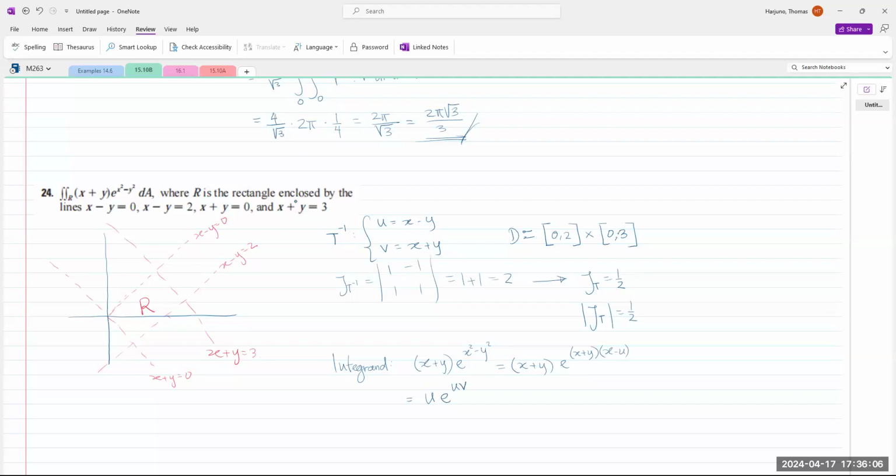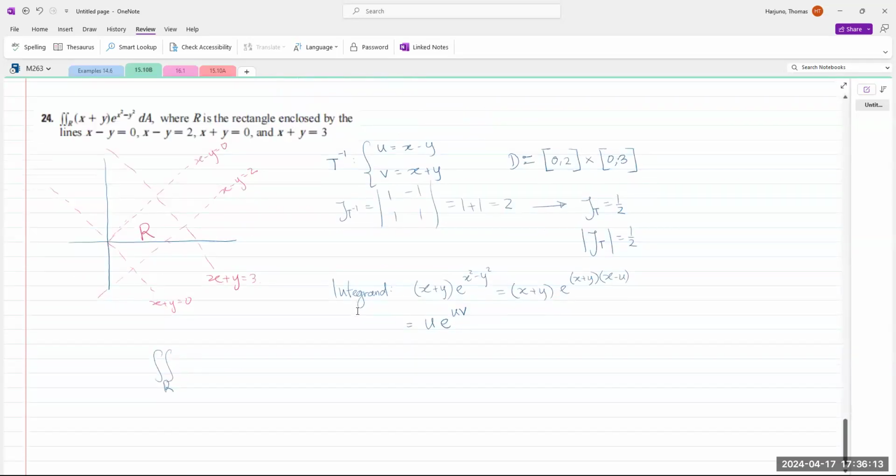Okay. So now our double integral over domain R, it's a rectangle, which is nice, but the shape of the position is so wrong. x plus y e to the x squared minus y squared dA now becomes the double integral over D of u e to the u phi.